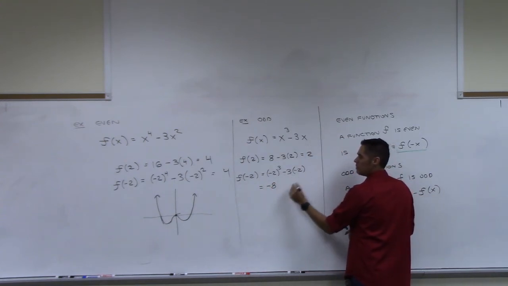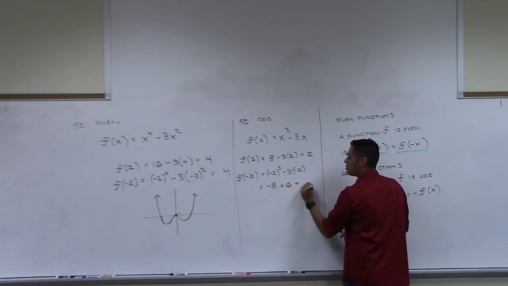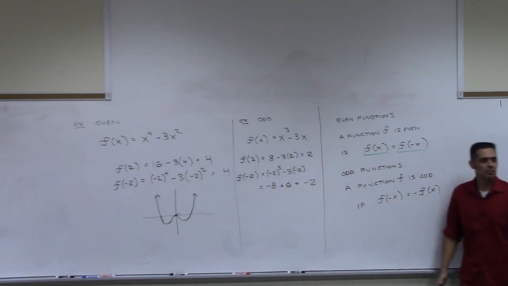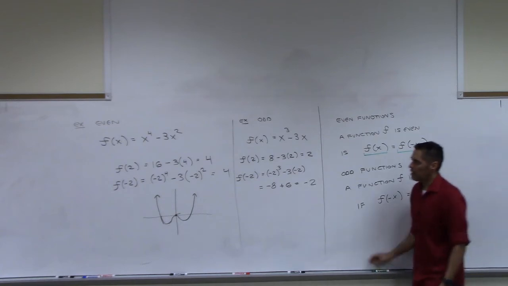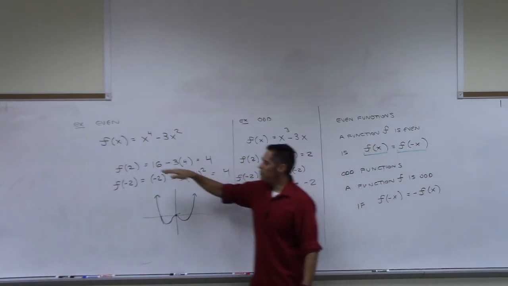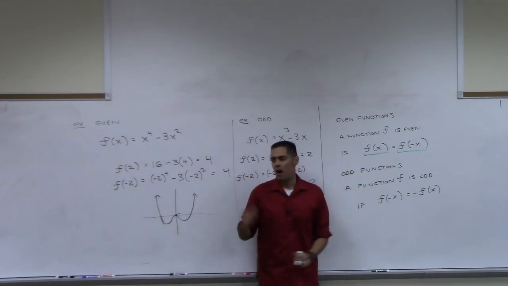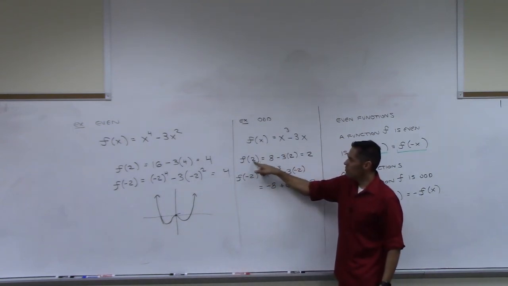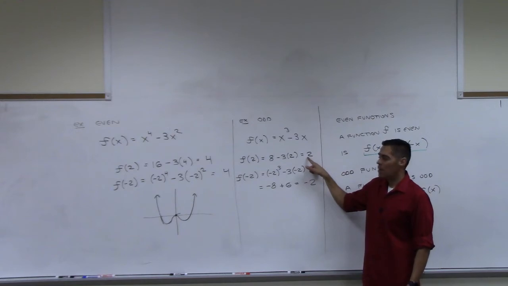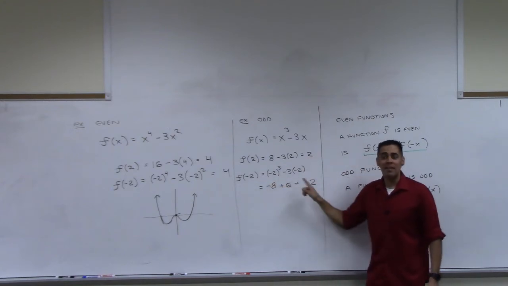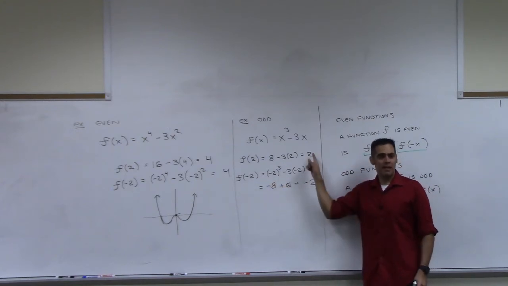Plus 6? So we don't get 2, we actually get negative 2. Right? They don't match. With even functions, you plug in a positive or a negative, you get the same answer. Odd functions, you plug in 2, you get an answer, and you plug in negative 2, you get the opposite of that answer.